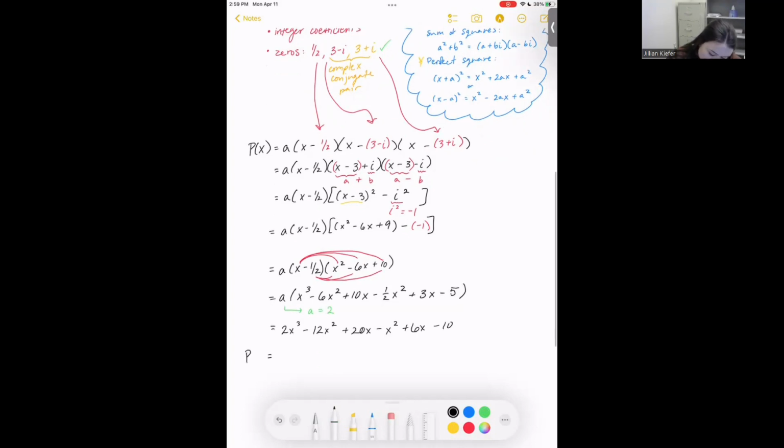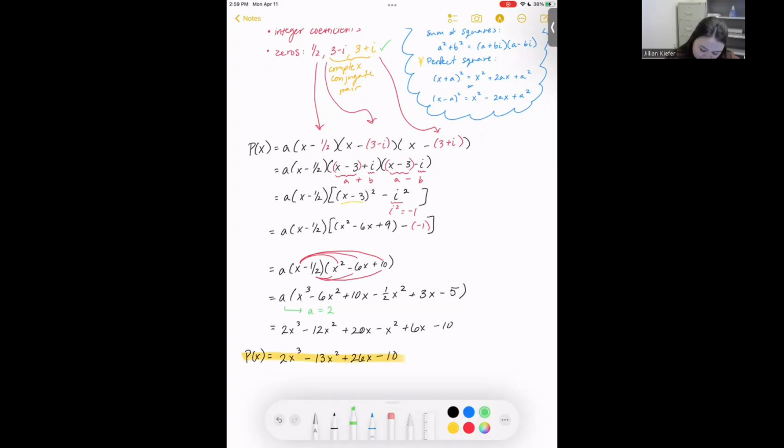So our last step to combine our terms here, we see that the x squared terms and the x terms can be combined. This gives us p of x is equal to 2x cubed minus 13x squared plus 26x minus 10. And that is our final polynomial.